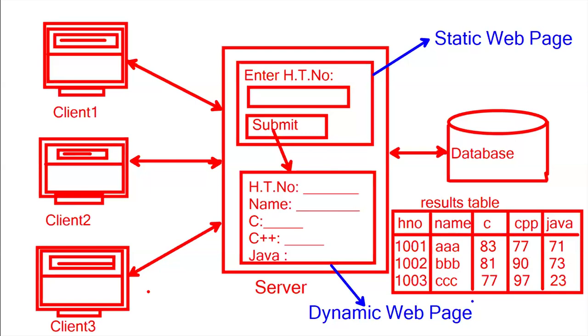Day 1, I taught purpose of HTML, purpose of JavaScript, purpose of CSS. Day 2, I taught static web application, dynamic web application concepts. Today, I'm going to explain client, server, database, these all I'll explain. Just write it as it is, this diagram.